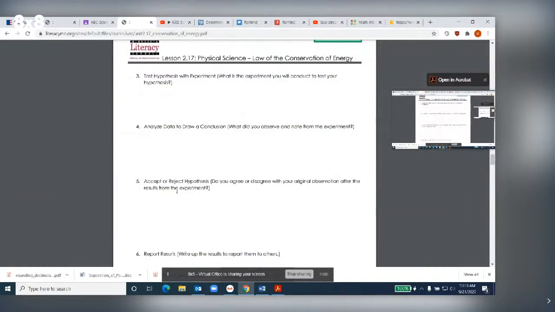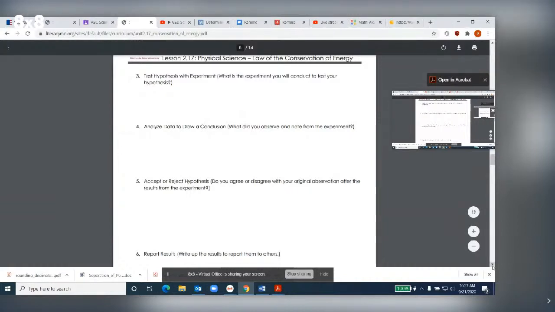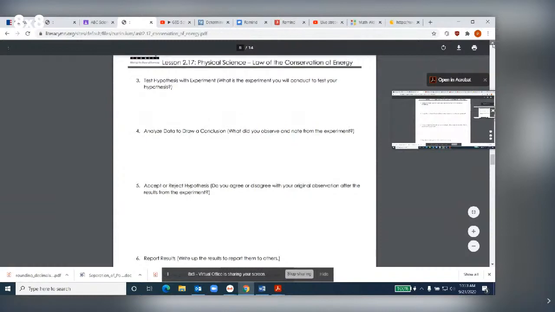That's what it was. But if you put gasoline in there and it doesn't start, you're probably going to reject your hypothesis and you go back to the drawing board. And then the last one is you report your results. So you'd say, I put gasoline in the car and it didn't start, or I put gasoline in and it did start. What you just did there was the scientific method.